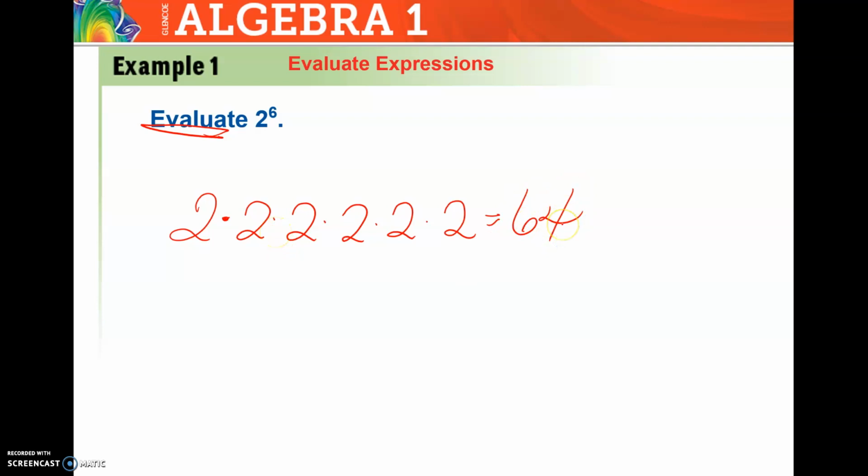So here we have no parentheses, so the next thing is exponents. Evaluate again is find the value of 2 to the 6th power. So I'm going to take 2 times 2 times 2 times 2 times 2 times 2, 6 times, which is 64 if I multiply that out.